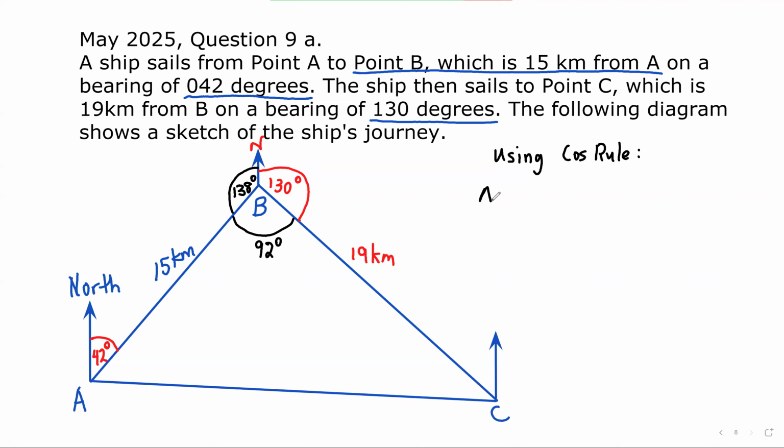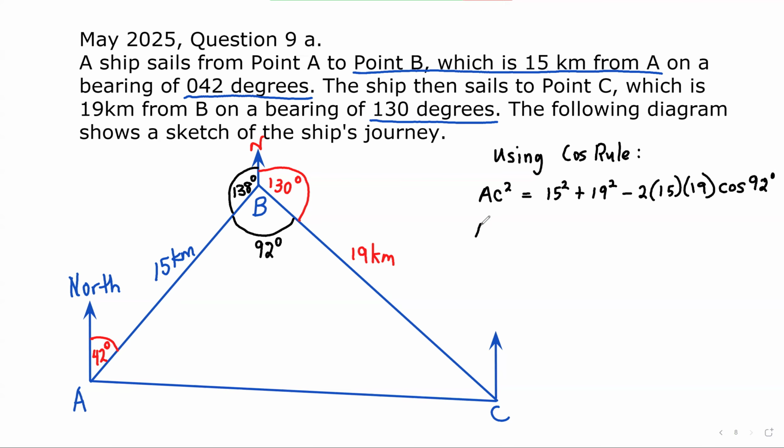AC squared, that's the side I'm trying to find, is equal to the sum of the squares of the other two sides, so 15 squared plus 19 squared, minus 2 times the product of those other two sides, so minus 2 times 15 times 19 times cos of that included angle, which is 92 degrees.